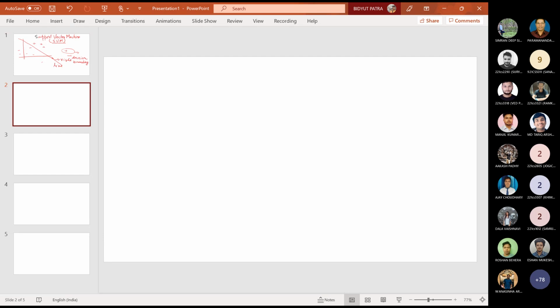Let's say, as usual, we have some positive samples here, and negative samples here somewhere. Now what we do is draw two straight lines, one passing through the positive samples, another passing through the negative samples.